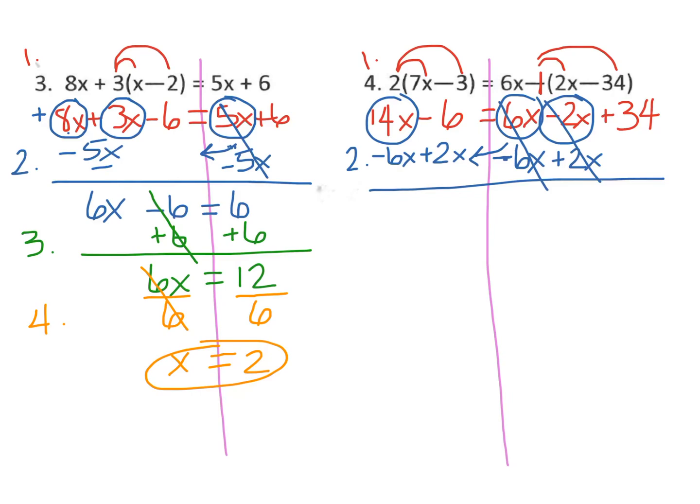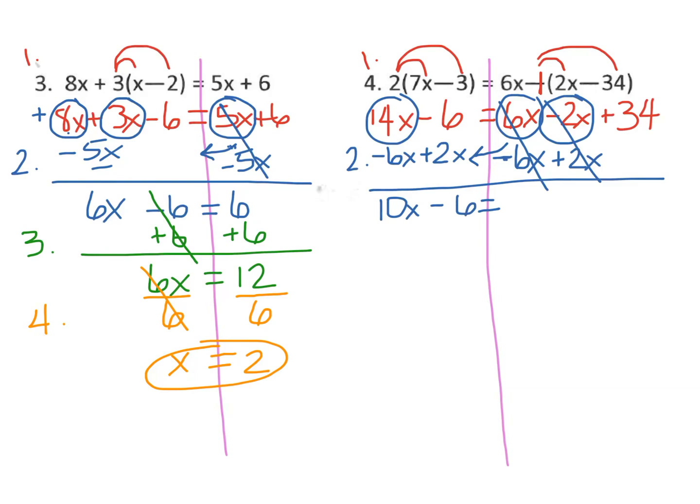Now let's combine all 3 of the variable terms that are on the left. I'm going to do 14x plus 2x gives me 16x. 16x minus 6x gives me 10x. Now, if you wanted to do 14 minus 6 and get 8 and then 8 plus 2, you still would have gotten to your 10x.